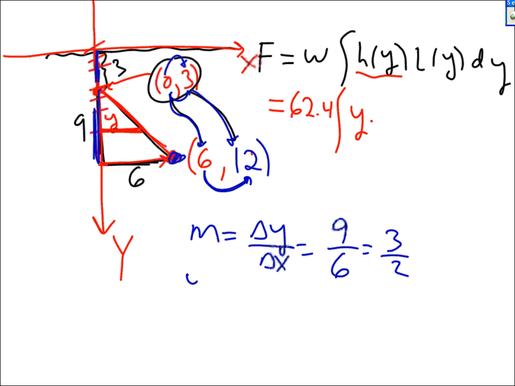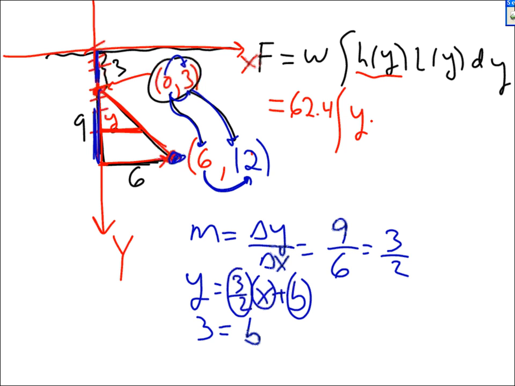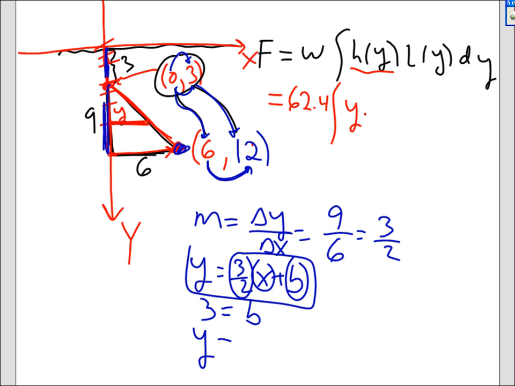Okay, so now we know y is equal to mx plus b. I'll use 0 as 3. 3 over 2 times 0 is 0. You add b, you get b. Y is 3. Just recopying this, except instead of b, I say 3.